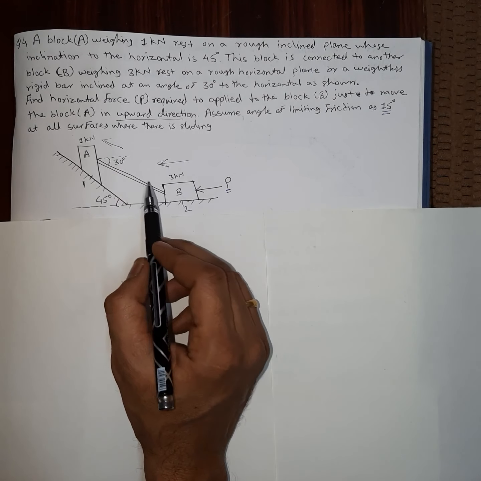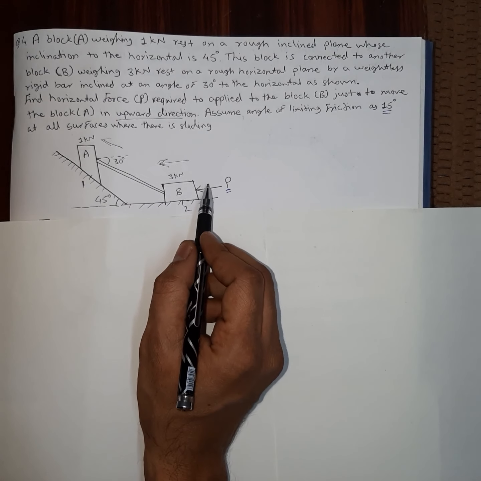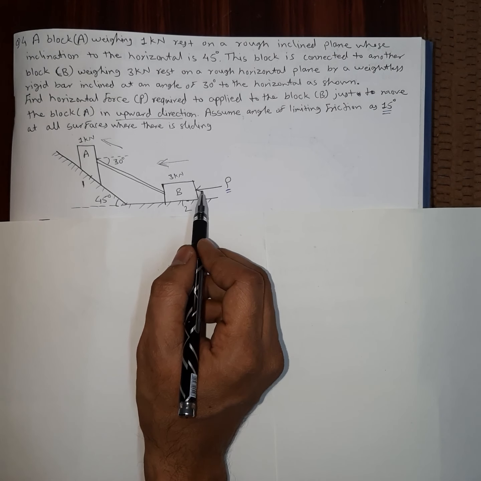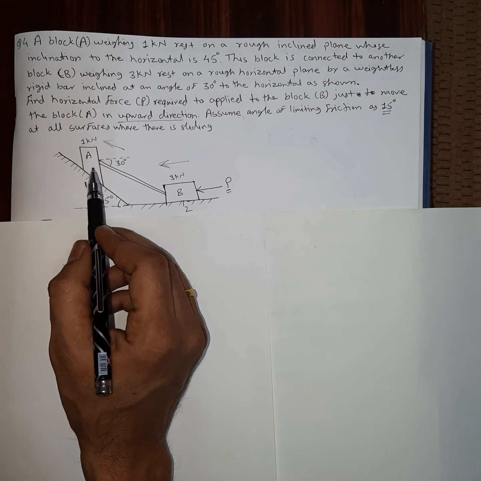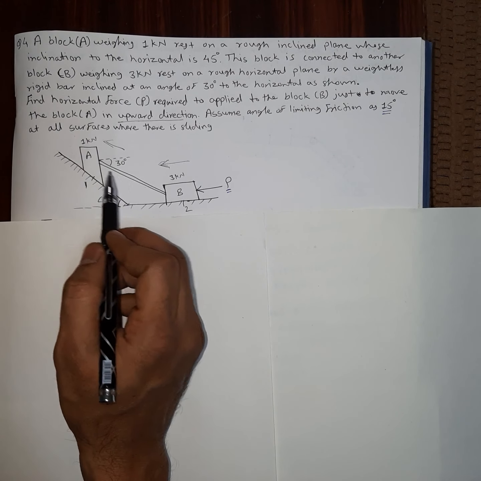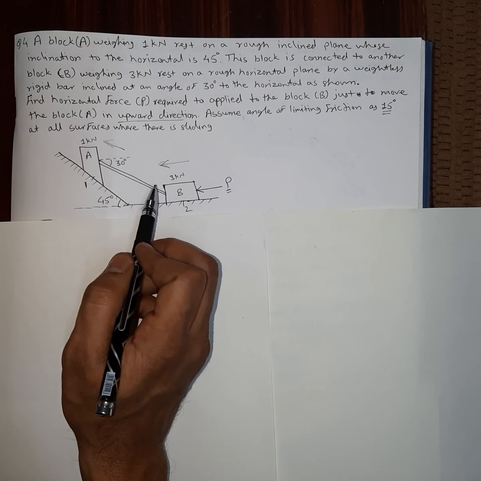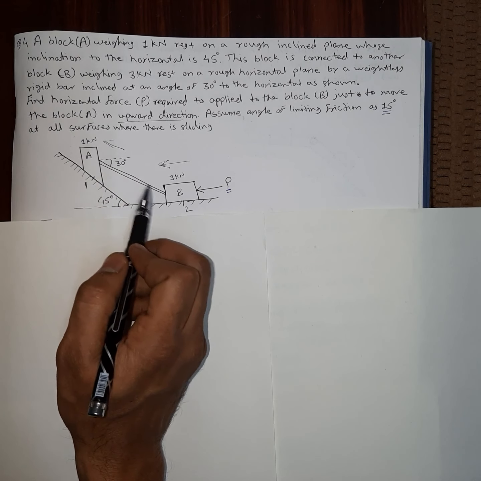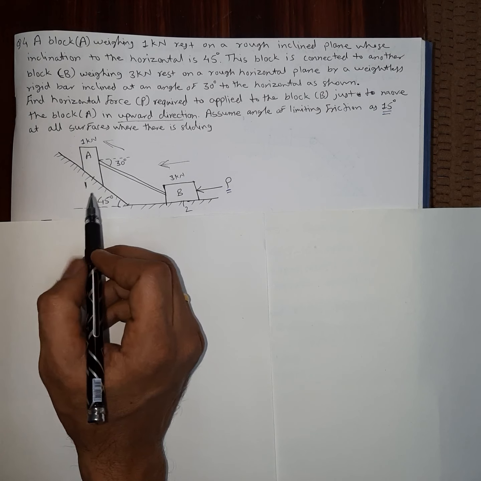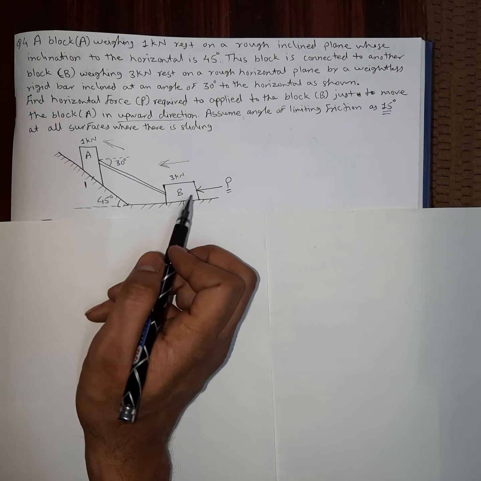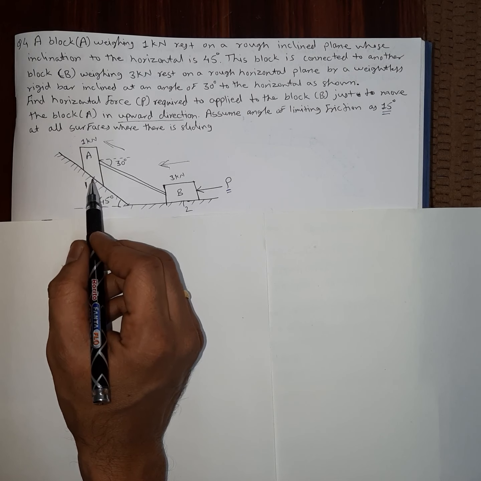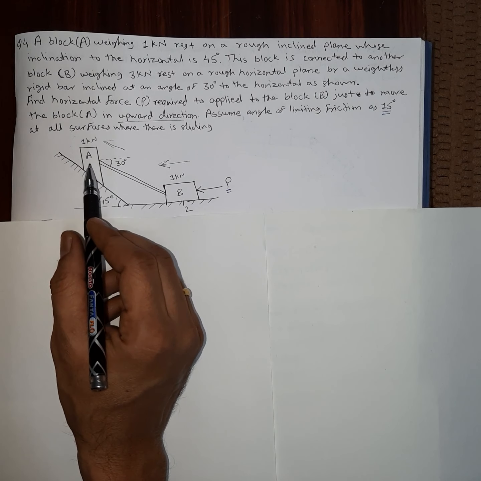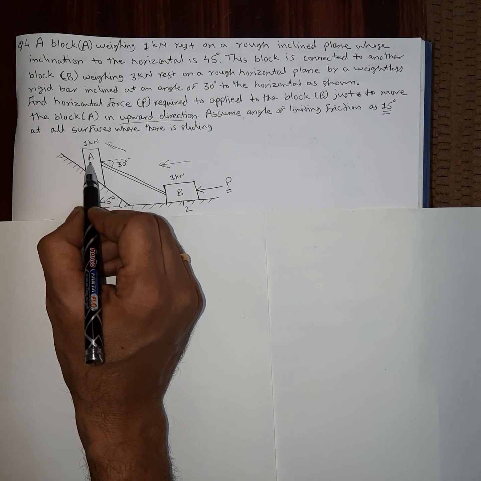By simple common sense you can say that when you apply this force P here, this block B will move towards the left and this block will move upward. So the force in this rod will be of compression nature. Here the number of unknowns are 1, 2, 3, and here the number of unknowns are 1 and 2. So here only 2 unknowns are there, so we have to first solve the FBD of this block A.